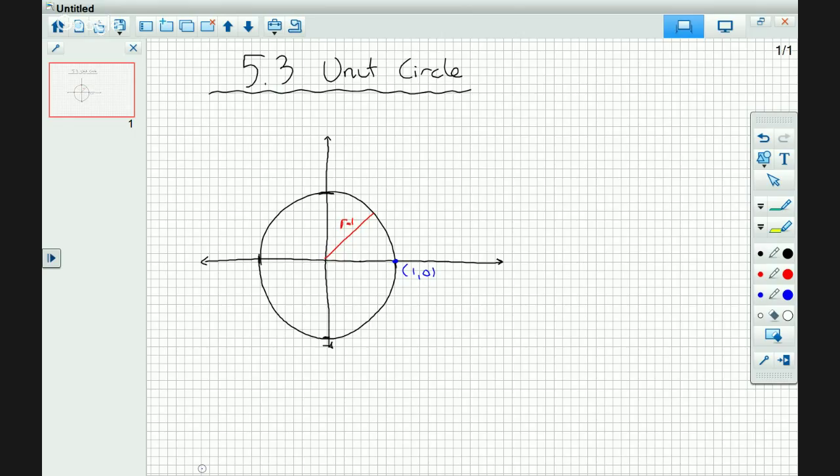Okay. Can anybody tell me what this coordinate is then? 0, 1, and then we have -1, 0, and here.